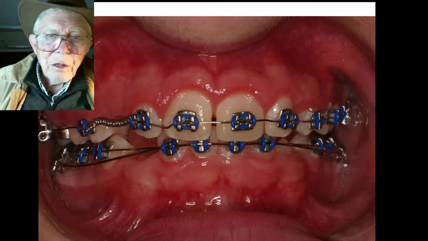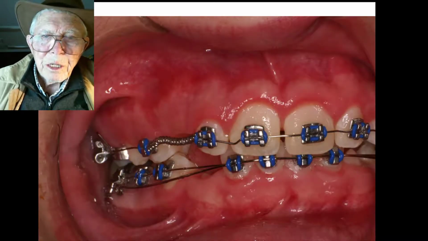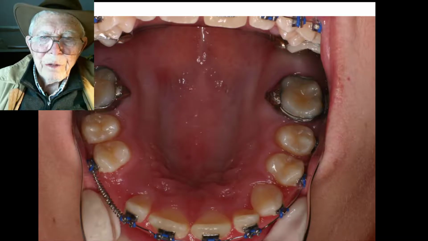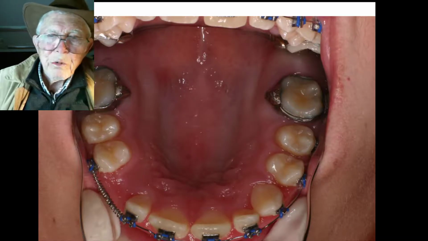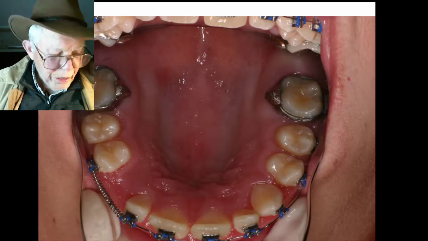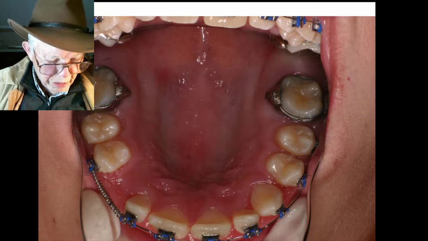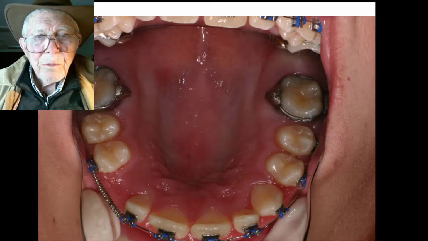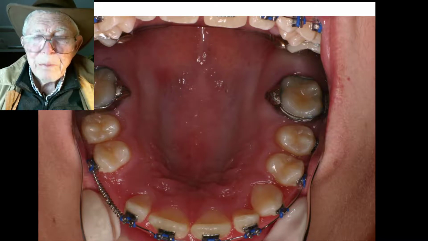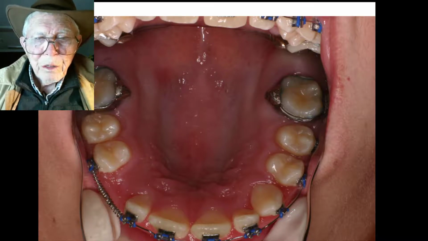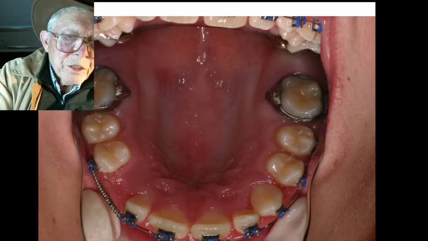Now let's look at what happens in here. And we have another force that we'll deal with. We've got a whole bunch of them in here that we're dealing with, but I want to show we do a palatal separator here to get some space to open this up.